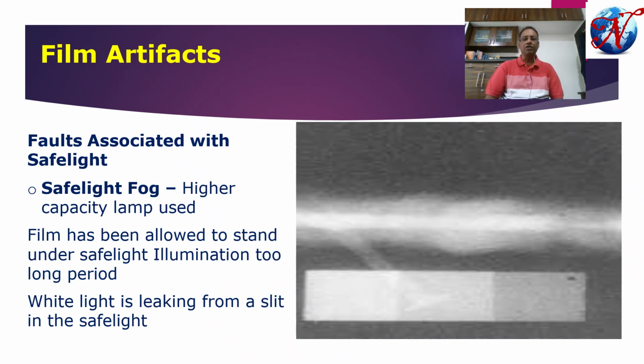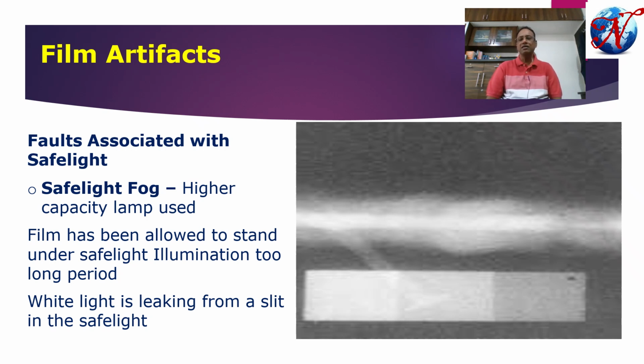or radiation fog. Third one, there is a possibility of fog density in your film due to safe light fog. And safe light means normally we cut the film and load the film in a dark room where we are using red light.